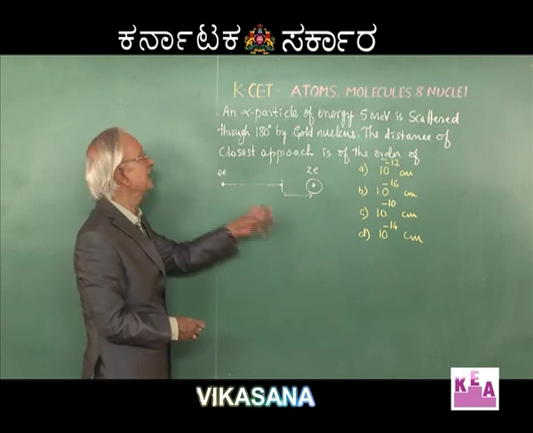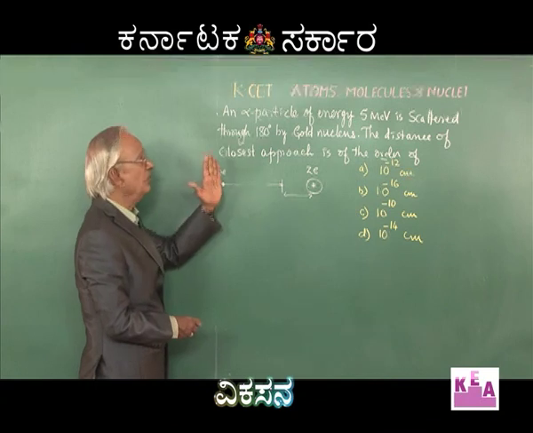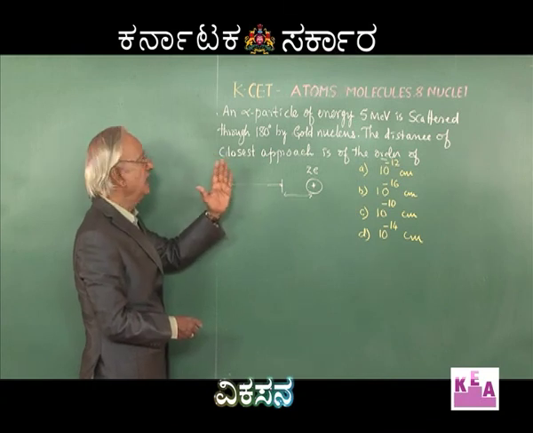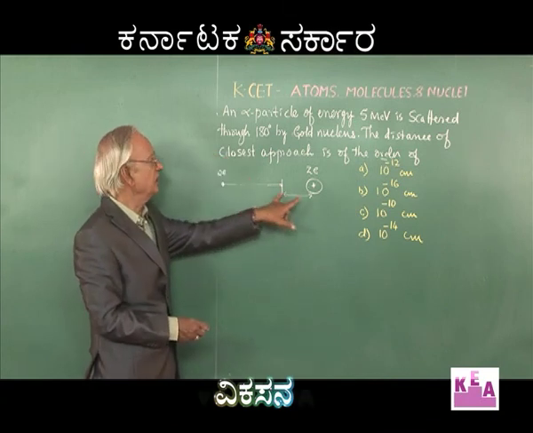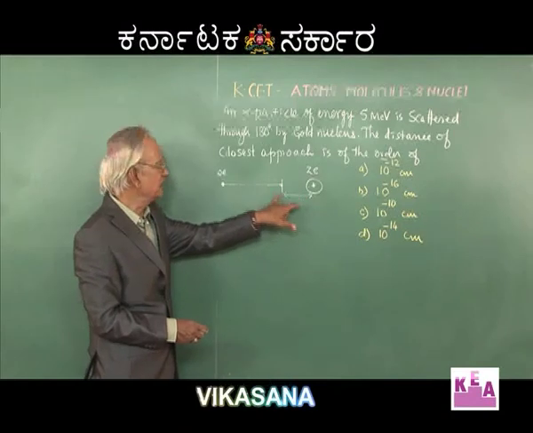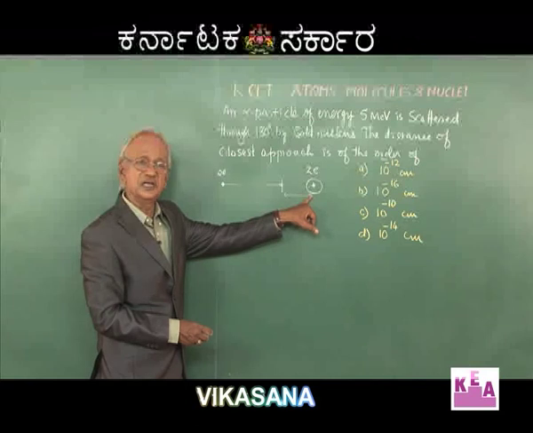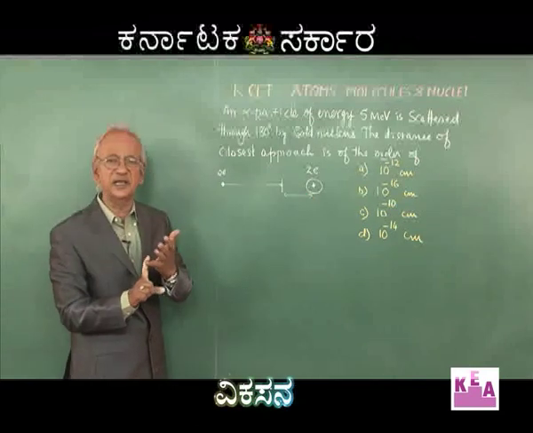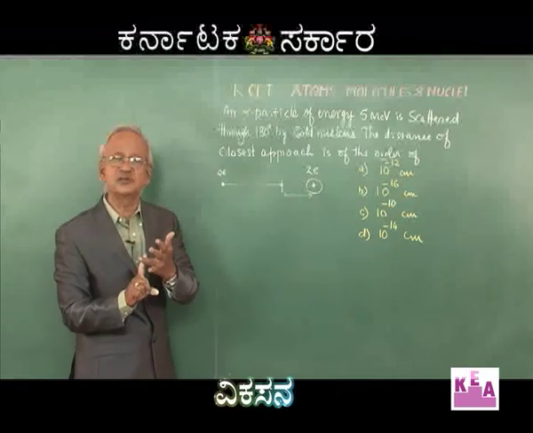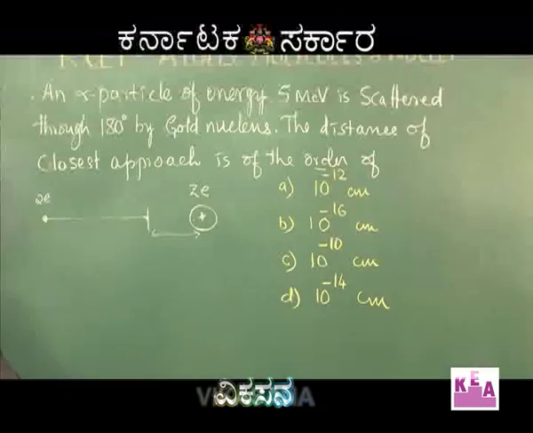And the trick here: the kinetic energy you know, which is 5 million electron volt, should be equal to the potential energy of the system, that is alpha particle and gold nucleus. So, we should know the expression for kinetic energy and the expression for potential energy. You have written them many times.